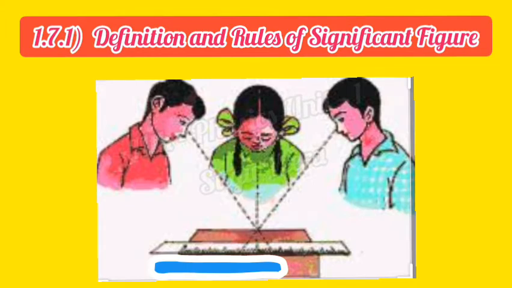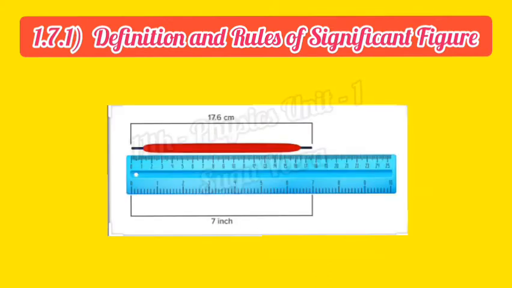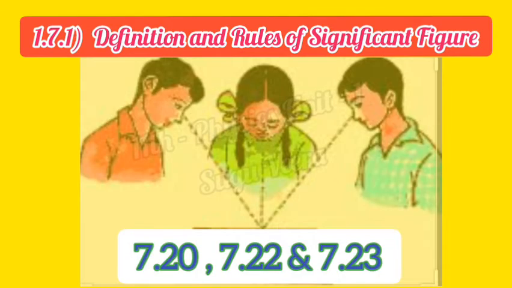Suppose we ask 3 students to measure the length of a streak using a meter scale. Already we know that the least count of a meter scale is 1 millimeter or 0.1 centimeter. So the result of measurement can be any of the following: 7.20 centimeter, or 7.22 centimeter, or 7.23 centimeter.